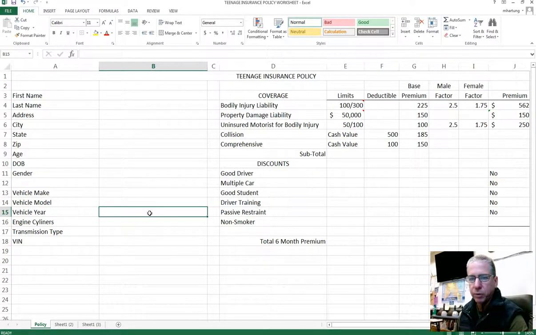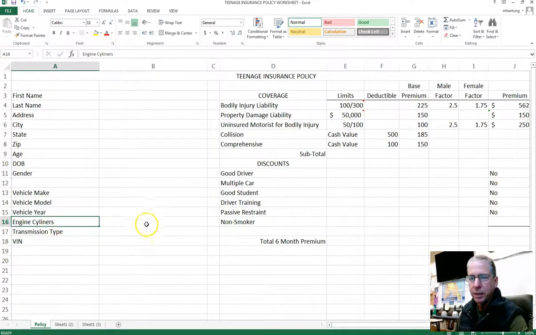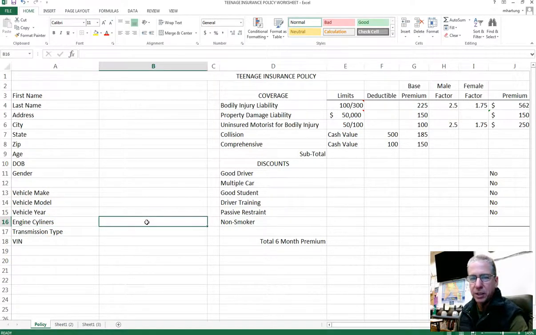The vehicle year, of course, is the year it was manufactured. The size of the engine, in this case, I just put cylinders to make it easy. You're either going to have a 4-cylinder, 6-cylinder, or an 8-cylinder vehicle. Transmission is either going to be manual or automatic. And then the VIN. Don't worry about filling that out right now, but a lot of times the insurance companies need to know that. That's the vehicle identification number.